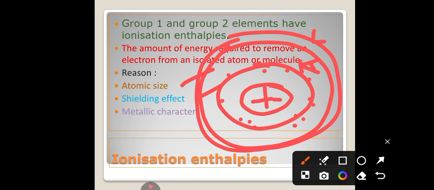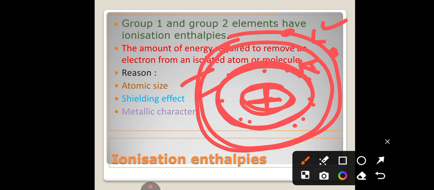So in this way, what happens? The electrons in the L shell and the nucleus will have minimum attraction, because the K shell electrons are placed in between, right? So this way, the electrons in the L shell can easily be removed quickly, with less energy. So this shielding effect also plays another major role in ionization energy, ionization enthalpy.